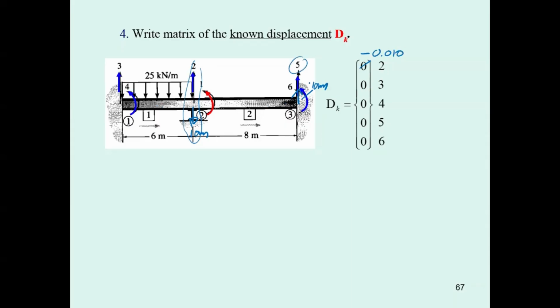This one in number 5 will be plus 0.010 meter. See, negative is downward, positive is upward, and then let Ajahn take you back, this one is going to be zero.